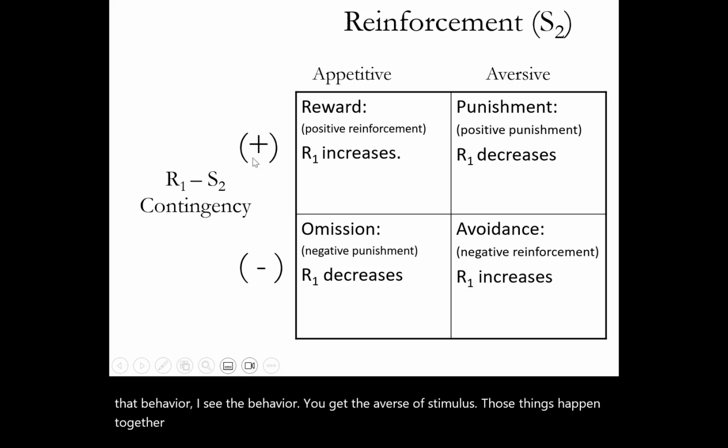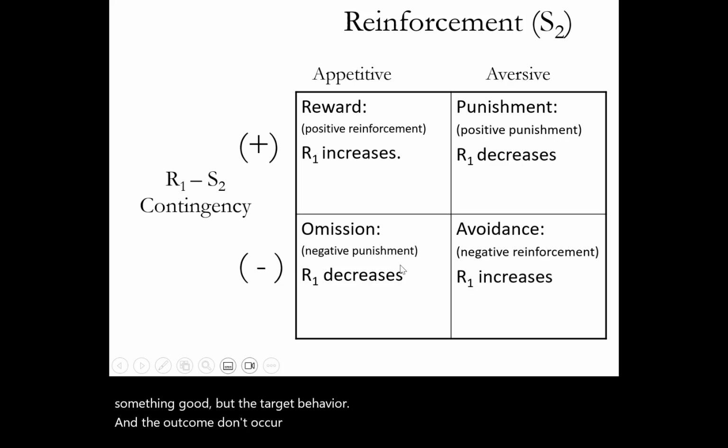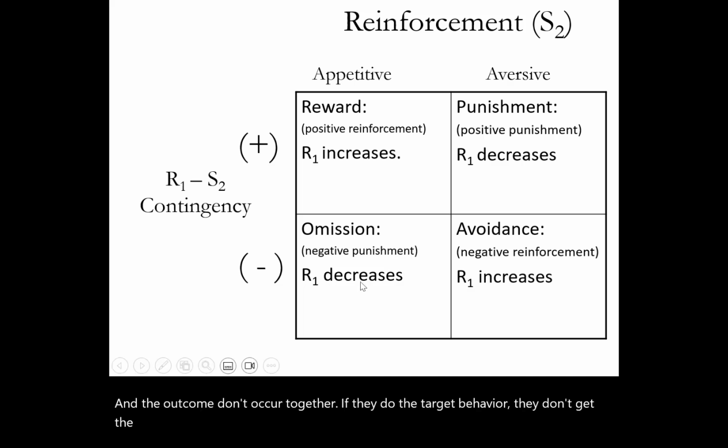So along here, we have the contingency. In omission, we use food or something good, but the target behavior and the outcome don't occur together. If they do the target behavior, they don't get the food. If they don't do the target behavior, they do get the food. That's the negative contingency.